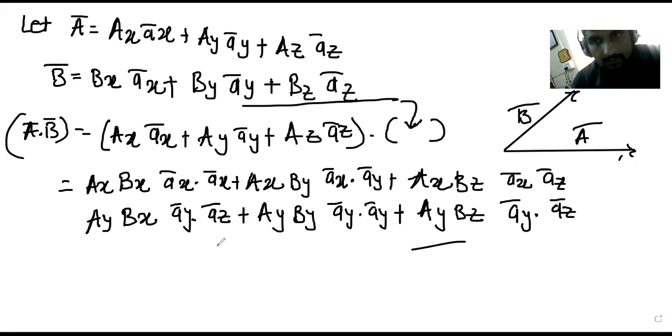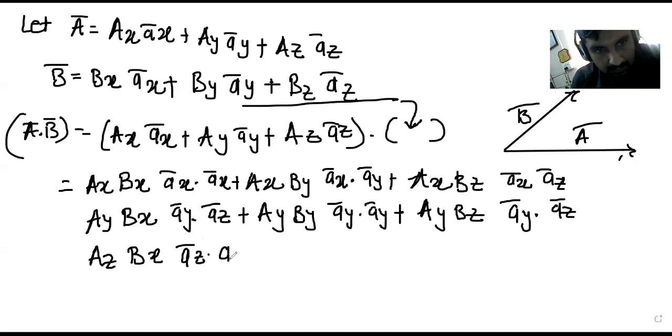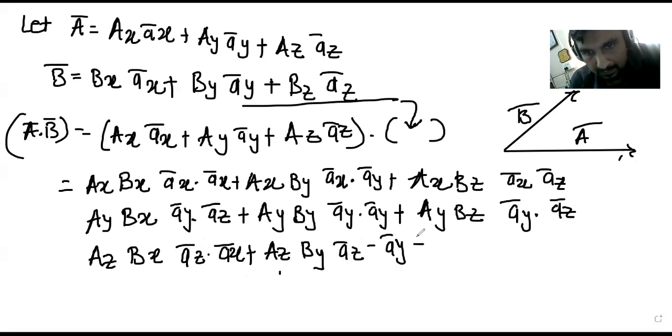Right, and the third term you can multiply with the next term. It is az bx a bar z dot a bar x, plus az by a bar z dot a bar y, plus az bz a bar z dot a bar z.